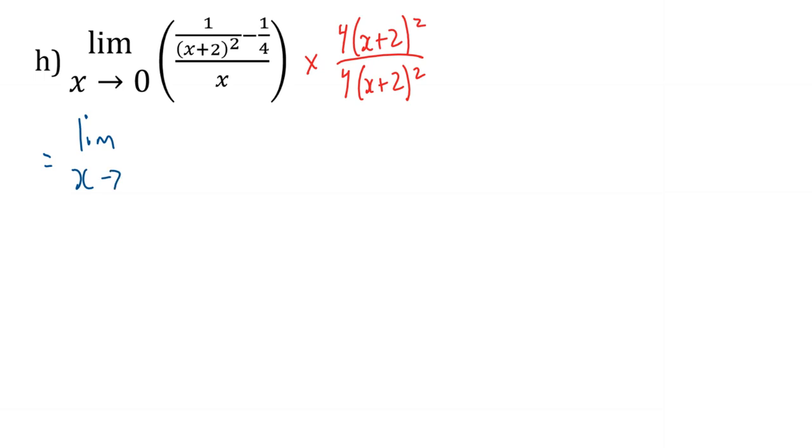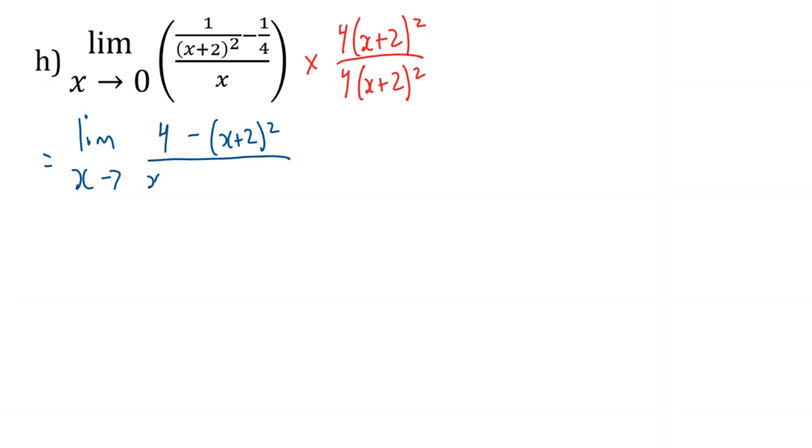So when I multiply this first fraction by the numerator, the x plus 2 squareds cancel out, and I just get 4. So I get 4 on top. And then when I multiply the second part by the numerator, the 4's cancel, and I get x plus 2 squared.